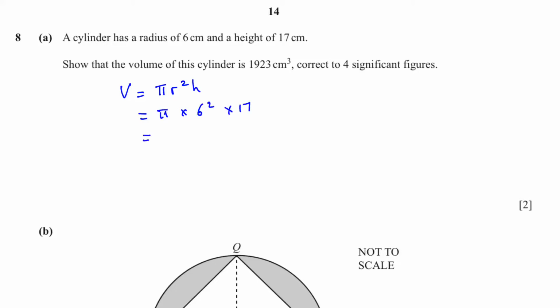Put this in the calculator and you will get 1922.65. If you want 4 significant figures, this is 1, 2, 3, 4. The number here is 6. Whenever you have a number 5 or more than 5, you add 1 to the number previous to it. So the answer is 1923 cubic centimeters.